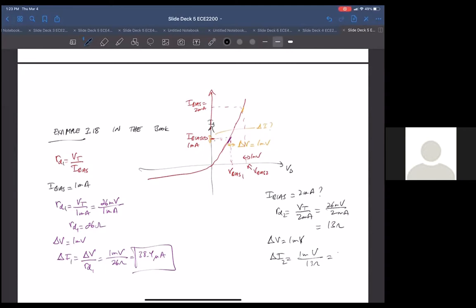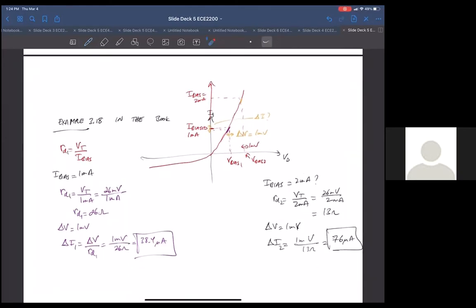If we bias it at 2 milliamps, a change of 1 millivolt now is going to give us 76 microamps of current change. So notice we increased our voltage to current gain essentially by operating the device further up the curve. It makes sense because, as you can see from the curve, a small change in voltage gives rise to a bigger change in current than down there. And operating down here would be an even smaller change. So that's the idea behind the small signal model.